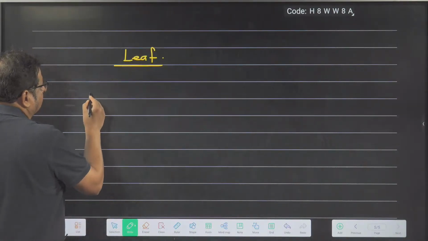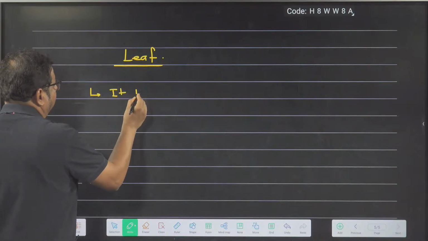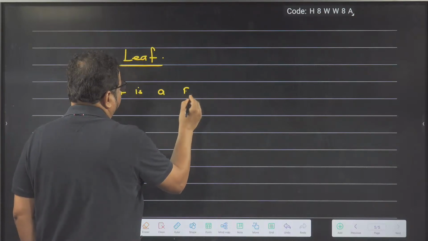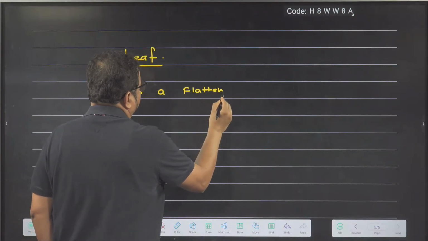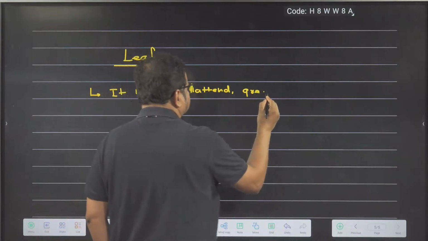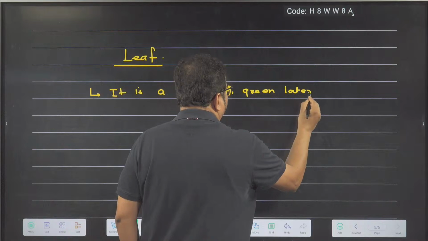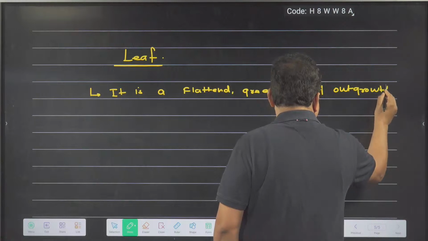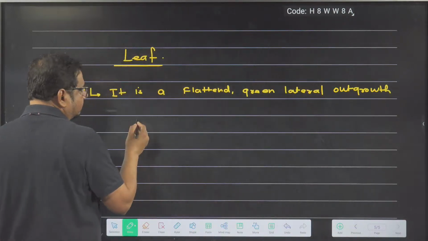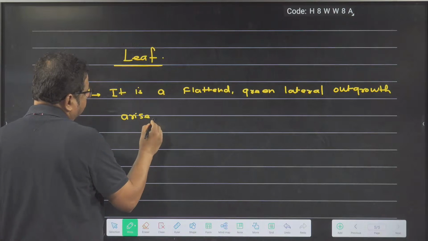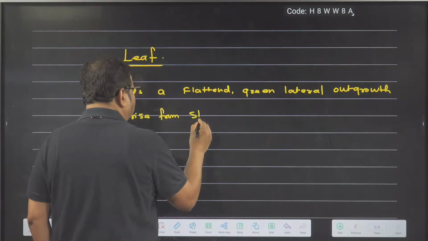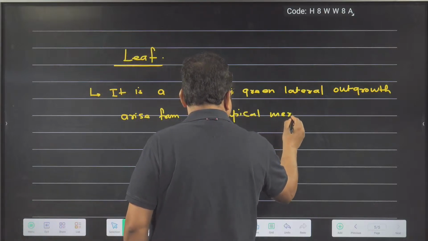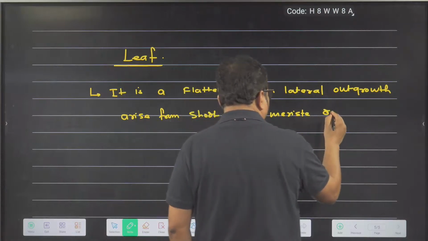It is a flattened green lateral outgrowth arising from shoot apical meristem of node.